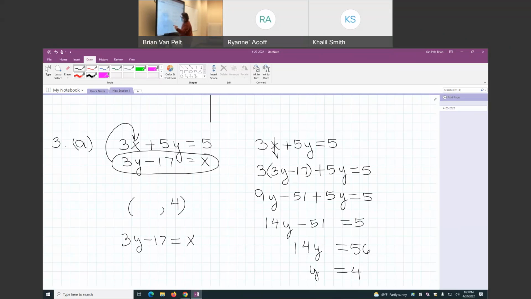So if I replace y with 4, what does x equal? -5. Right, -5. All right, other questions?